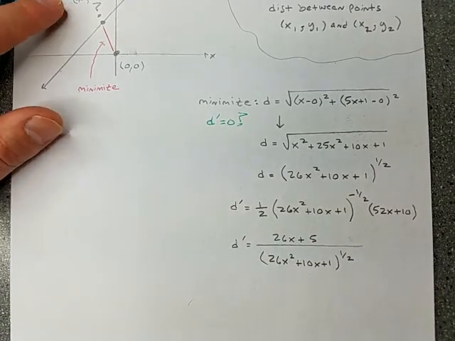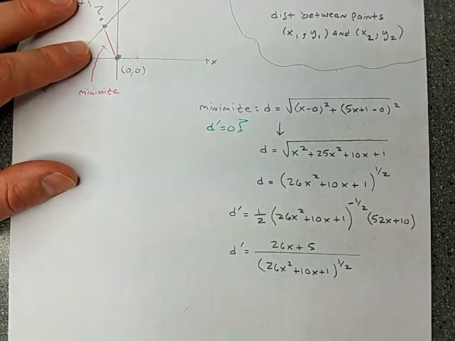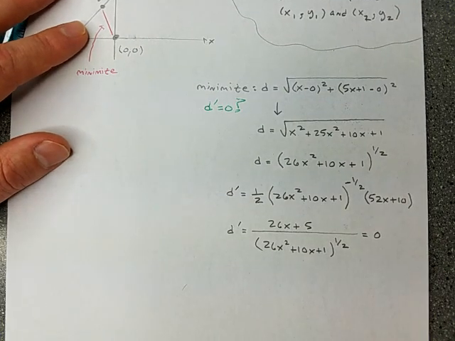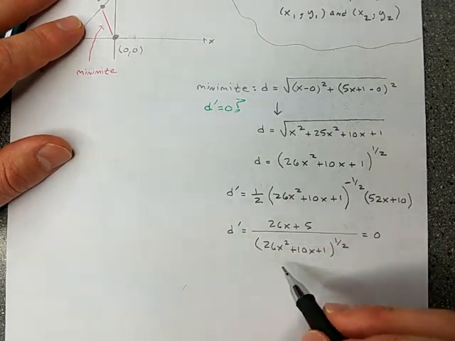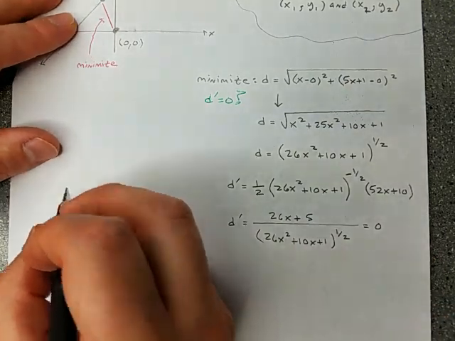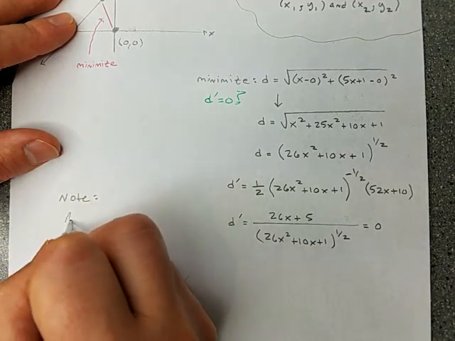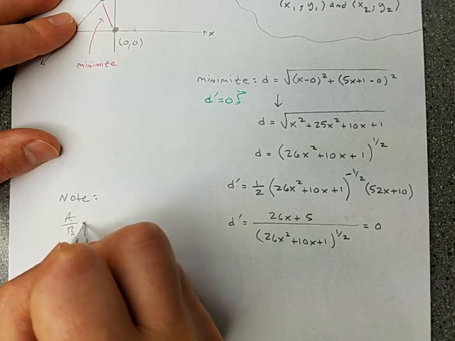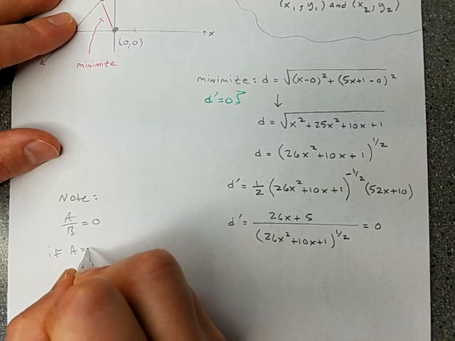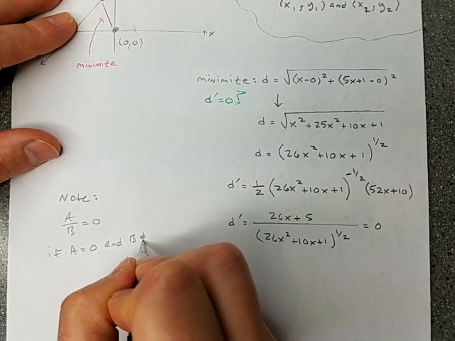So there's my derivative. My goal from the beginning was to find that derivative and set it equal to 0, so I'll do that now. A fraction will be 0 under this condition. In totally generic terms, a fraction a over b will be equal to 0 if that top number is 0 and that bottom number is not 0.